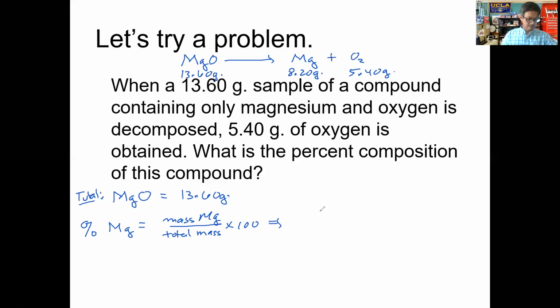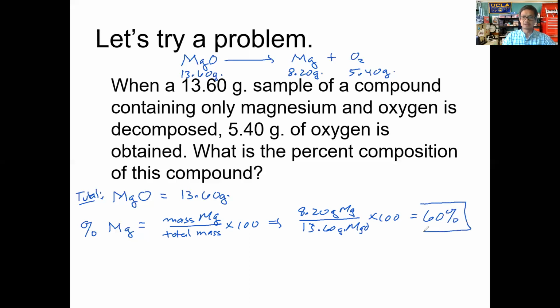The mass of magnesium is given on the top there, which is 8.20 grams, over the total mass of 13.60 grams, the mass of magnesium oxide, times 100. You plug that in, you'll get your value of 60%, rounded to the nearest whole number. So that, folks, is the percentage of magnesium.